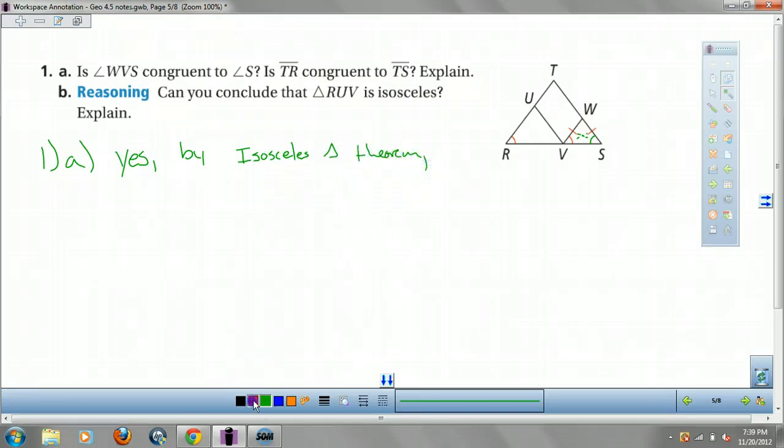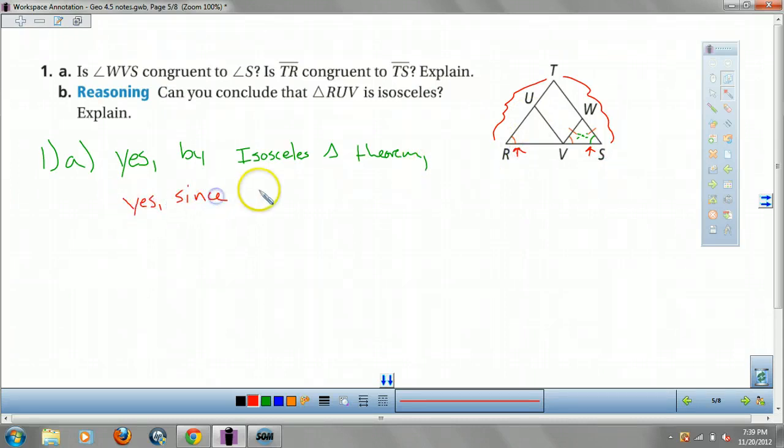Now the second part: is TR congruent to TS? Well, TR is this whole length right here, right? TS is this. Well, we look at these angles. Is S congruent to R? Yes.